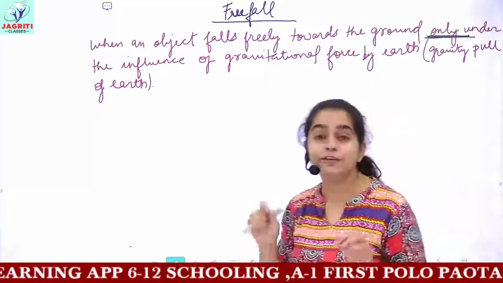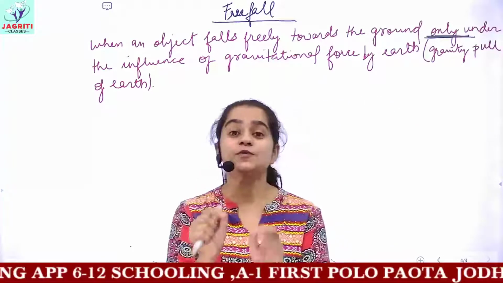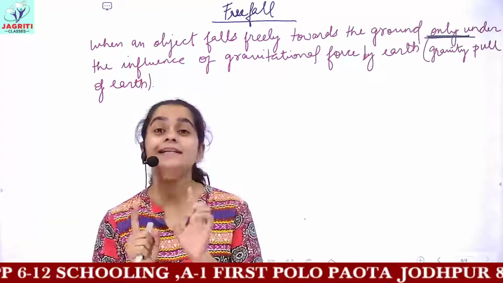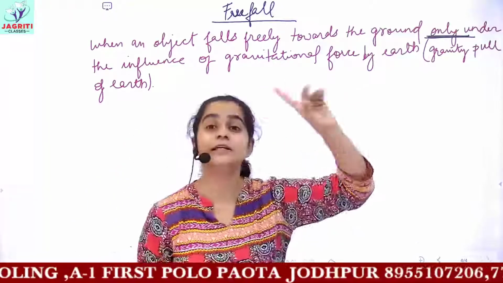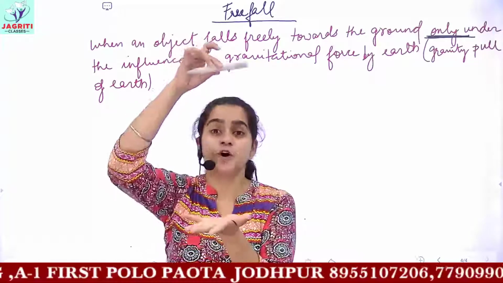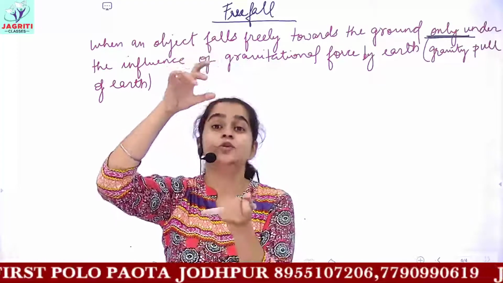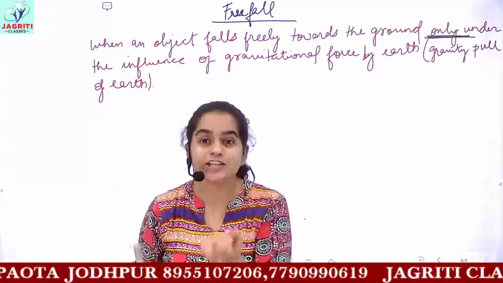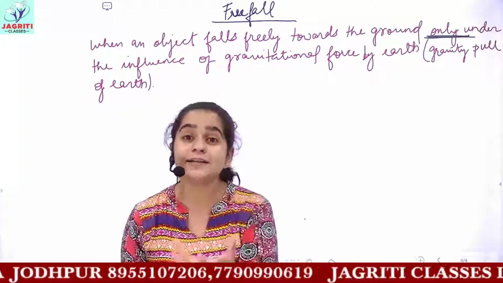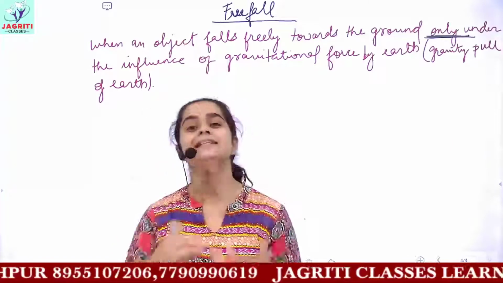That is, free fall means the object is falling freely and we are considering only one kind of force which is present, which is the gravity of the earth. So whenever an object falls freely from a height to the earth, it falls down because the gravity of earth is attracting everything towards itself.